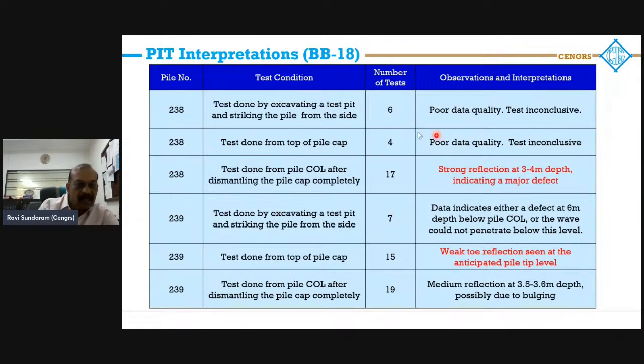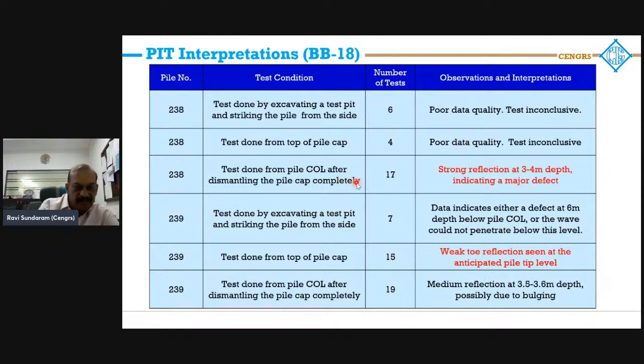So we looked at this pile 238. We hit the pile 6 times, but the data was very poor.